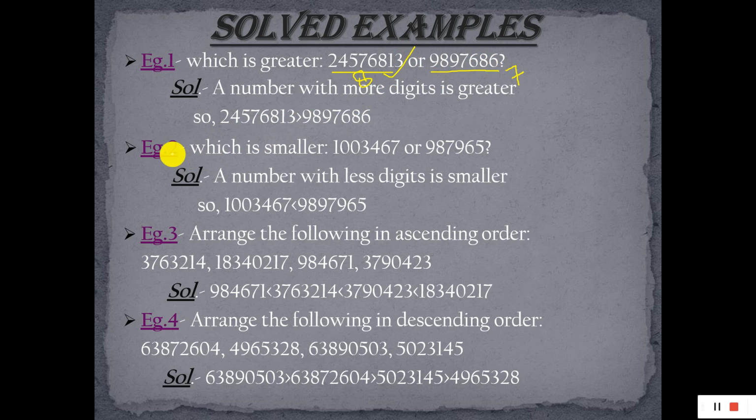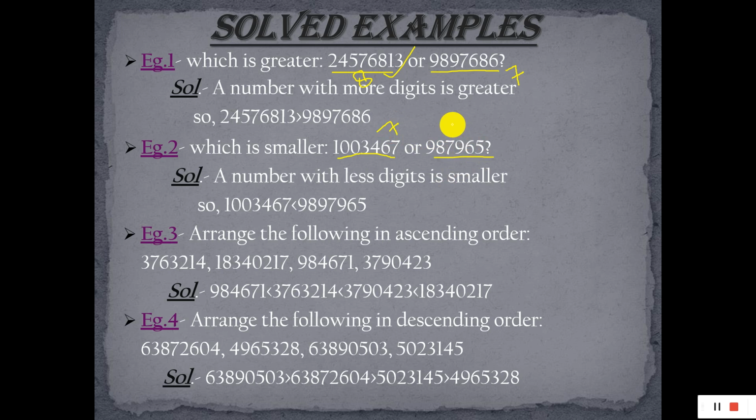Next example is, which is smaller? This and this, which is smaller? Now we start from rule one. First we count the digits. 1 2 3 4 5 6 7. There are 7 digits in this number. 1 2 3 4 5 6.